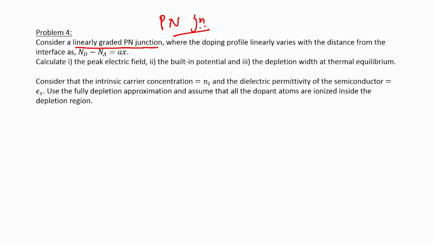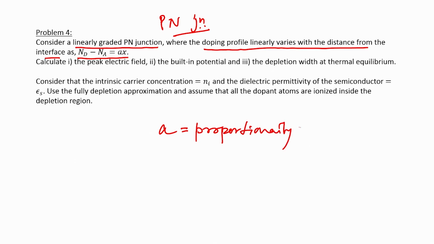But in case of a linearly graded p-n junction, the doping profile varies linearly with the distance from the interface, and the expression of the doping profile is given as Nd minus Na equal to Ax, where A is nothing but your proportionality constant. So basically here the spatial distribution of doping profile is a linear function of space.